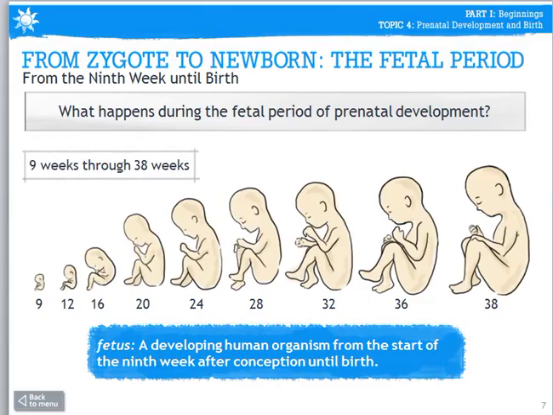Then we have the fetal period. The fetal period is the 9th week until birth. And from week 9 all the way up to 38 weeks, which is pretty much when you can give birth, there's a number of things that's happening.